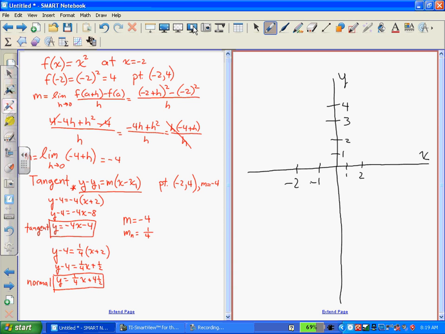So the function looks like this. That's f of x equals x squared. Here's our point, (-2, 4). Our tangent line looks like this.